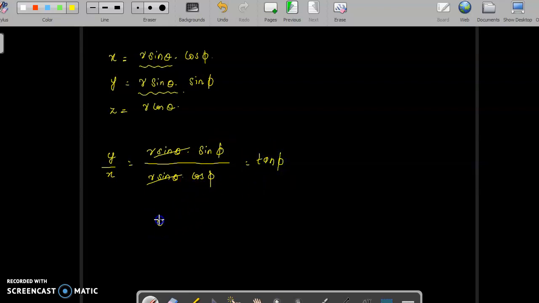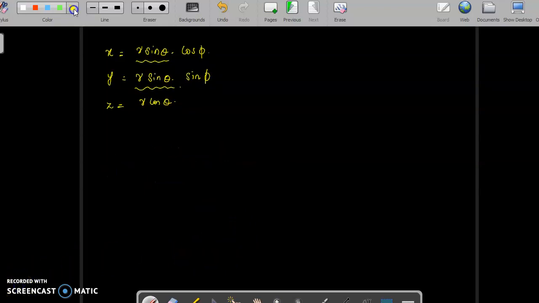So phi becomes tan inverse of y by x. Now let us find the value of theta. So here you can see that z equals r cos theta. So cos theta becomes z by r. So theta becomes cos inverse of z by r.